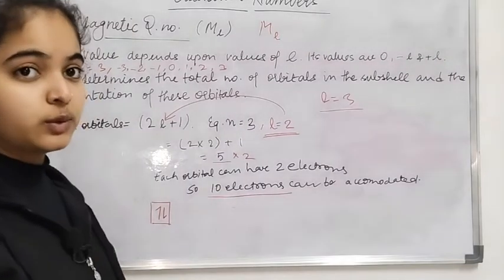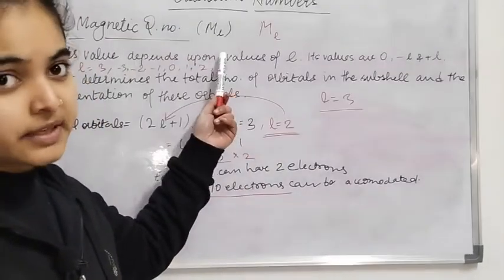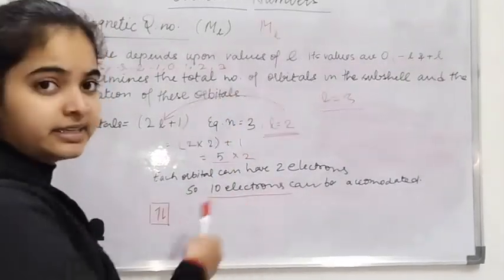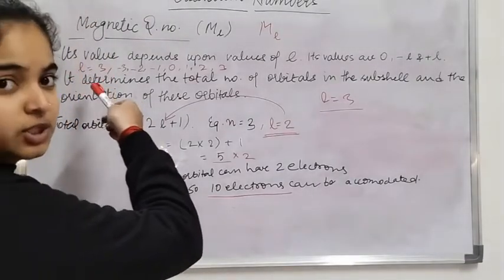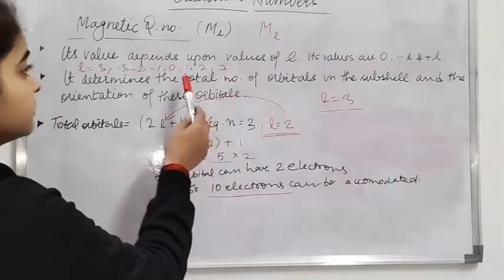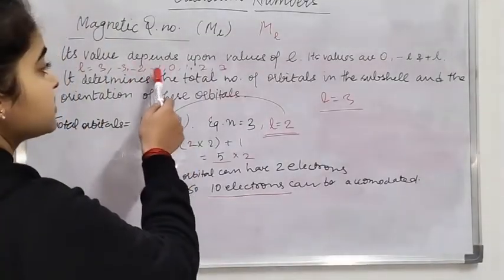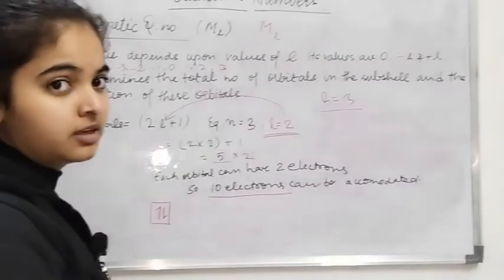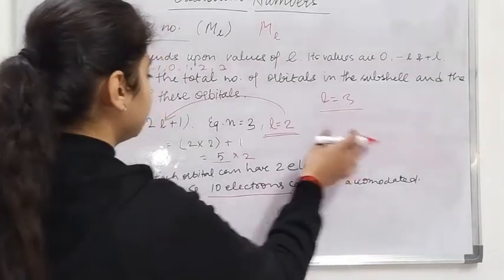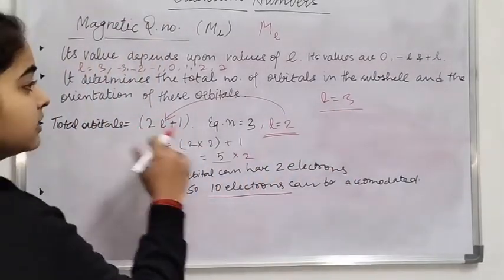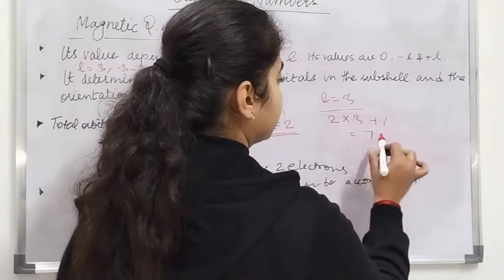There are two ways to calculate the magnetic quantum number. One is this way and another one is this way. This is the direct and easier method, because if the azimuthal quantum number is 3, then there will be 7 values of magnetic quantum number, that is -3, -2, -1, 0, 1, 2 and 3. But if we take l equals 3 and put it in the formula, we get 2 into 3 plus 1, that is 7.